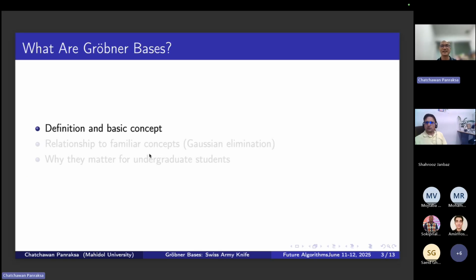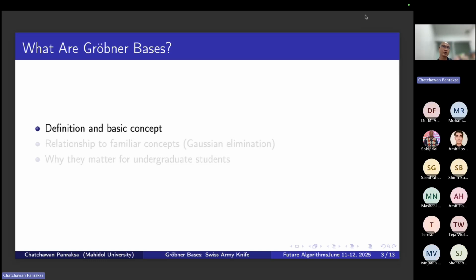Now, what are Gröbner bases? I can give technical details, but here I will keep it to the minimum. So here is the key insight. A Gröbner basis is like Gaussian elimination for polynomial systems.